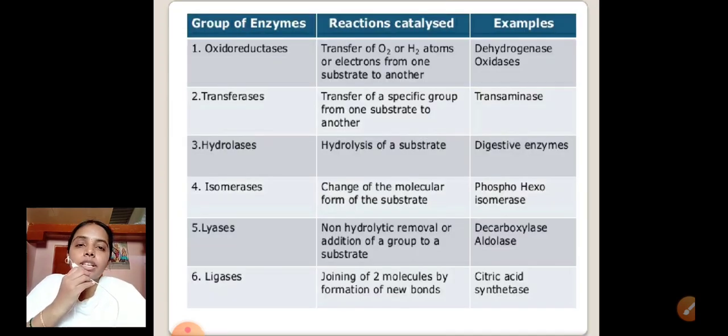Based upon functional property, enzymes have been classified into different groups like oxidoreductases, transferases, hydrolases, isomerases, lyases and ligases.